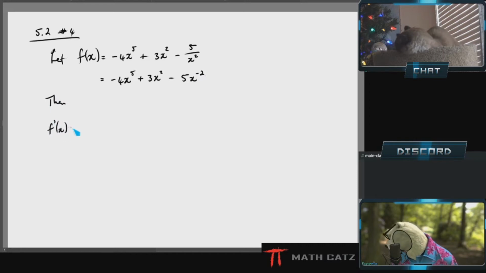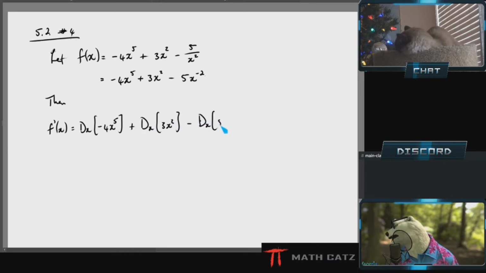So then, my derivative is going to be, first of all, the derivative of each term. In these questions, I need to show every property or understand every property. Even if I combine some of them, like I'm combining the sum and the difference property, that's okay.